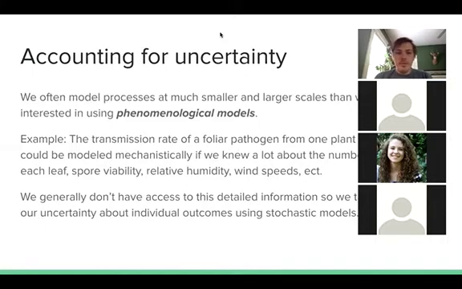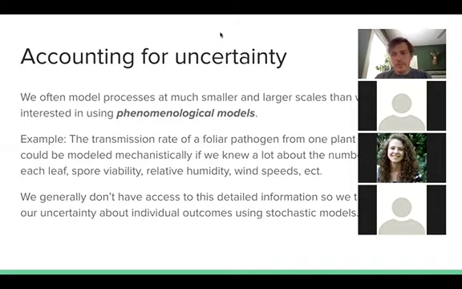It might vary due to the fact that different leaves on individual plants have different numbers of spores, and these individual spores might vary in terms of their viability. And there also might be some sort of variation or heterogeneity in terms of environmental conditions that affects whether a given plant is able to transmit to another plant through time.